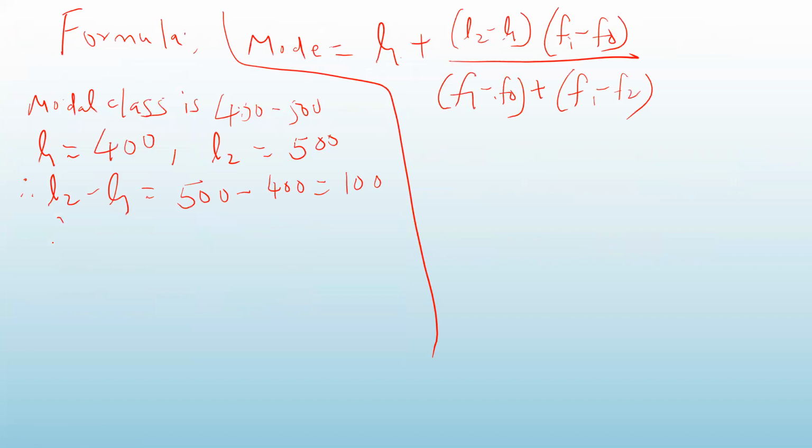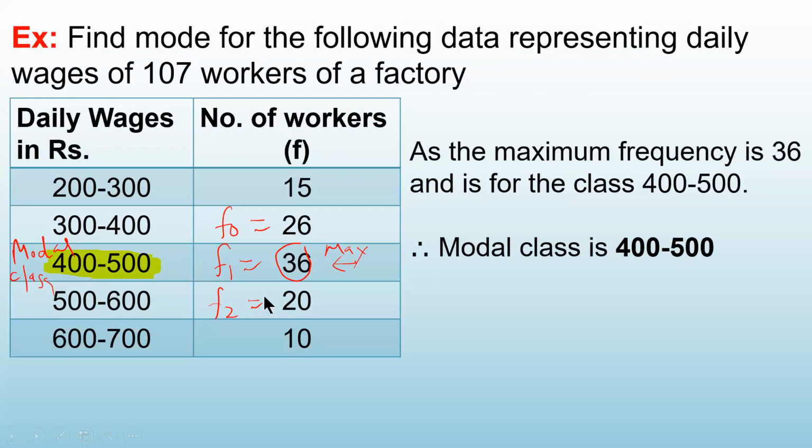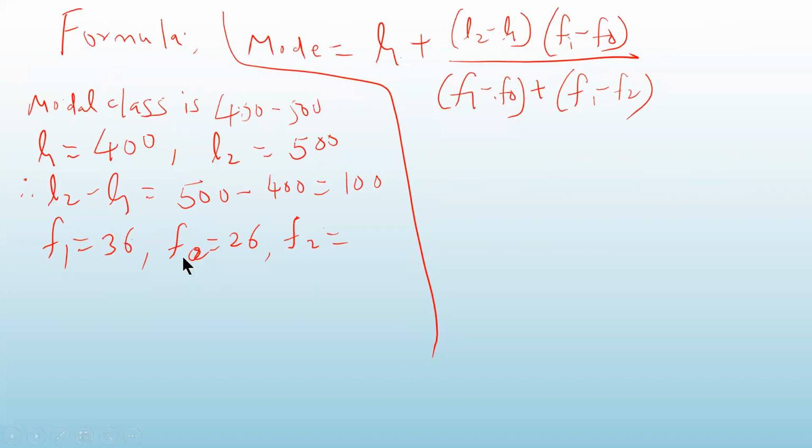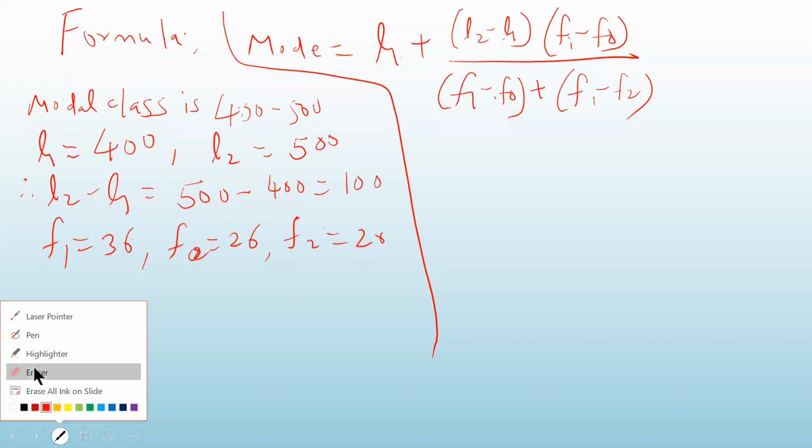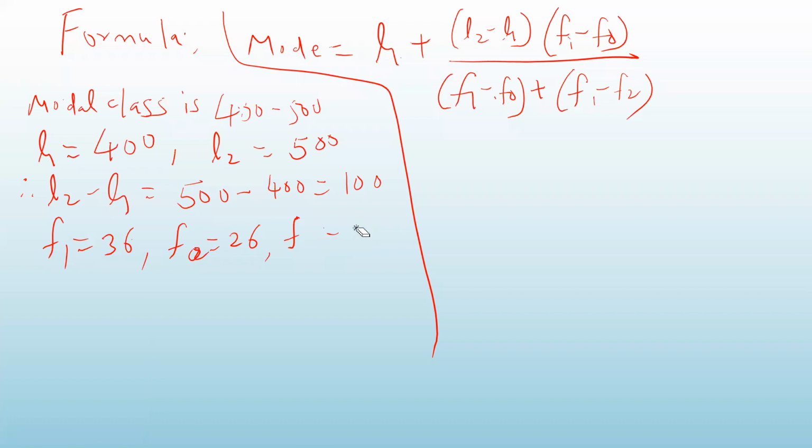Let us write down: F1 is 36, F0 is 26, and F2 is 20.